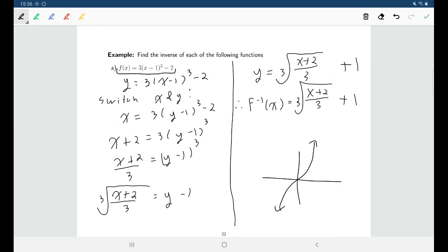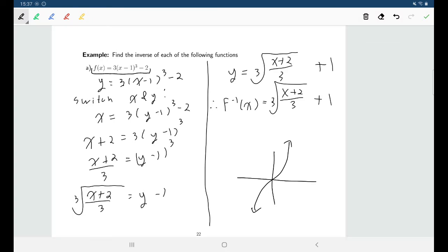But f is basically a cubic function that's been shifted to the right by 1, stretched vertically, and shifted downward by 2. In other words, it's just been shuffled around a little bit. And so if it was one-to-one to begin with, if I move it left or right, up or down, stretch it, it'll still stay one-to-one. So that's my little justification on how I know that f of x is invertible.